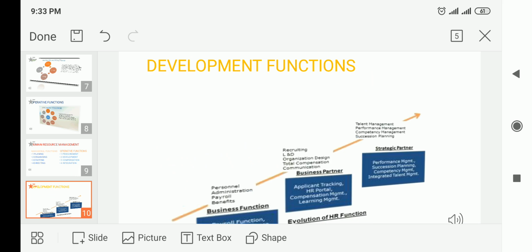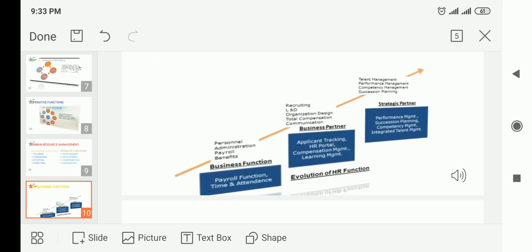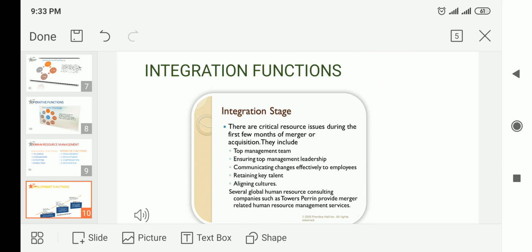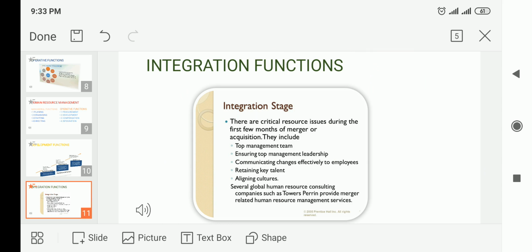Question number 8. Explain development function with diagram. Question number 9. Who are strategic partners? Question number 10.